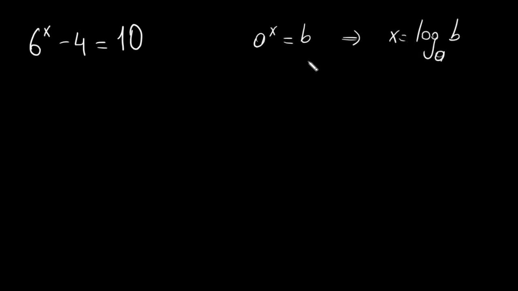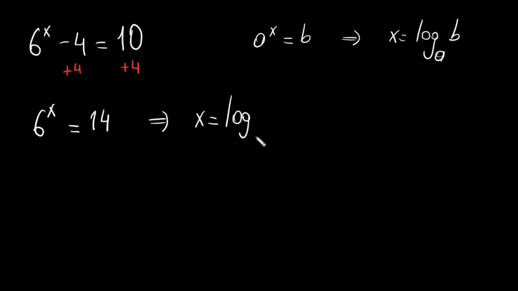Here I can add 4 to both sides to get 6 to the power of x equals 10 plus 4, since negative 4 and positive 4 cancel out, so 14. Now I have this form, so x is equal to log base 6 of 14.